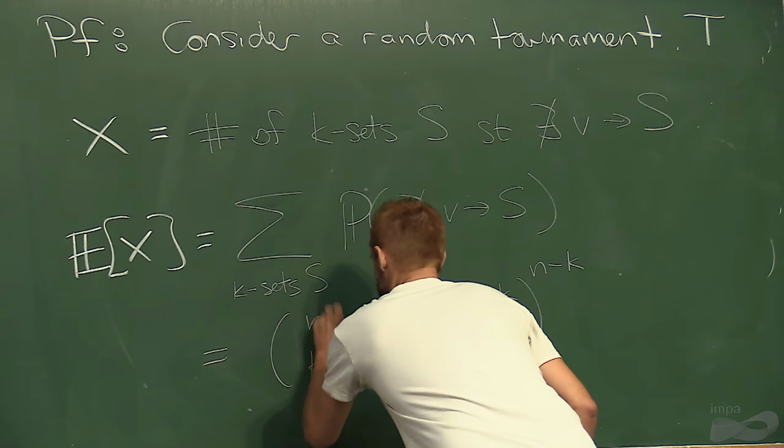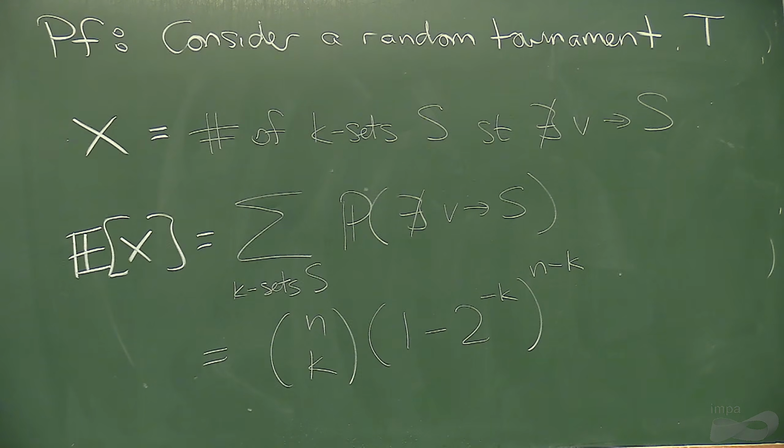There are n choose k of them. Now, this is looking a little bit scarier than things we were looking at before. What do we want about this number? We want it to be less than 1.